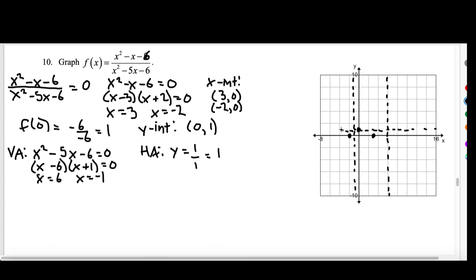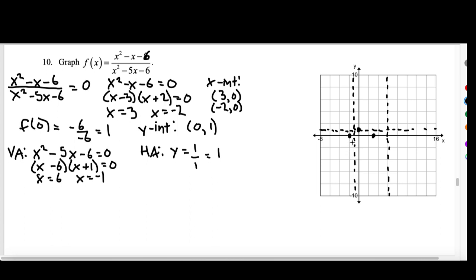Okay. And then just kind of coincidentally, in this case, we see that the y-intercept also happens to be a point where the graph crosses the horizontal asymptote. So the two vertical asymptotes tell us that the graph will be divided into 3 separate regions. And remember that the function will never cross a vertical asymptote.